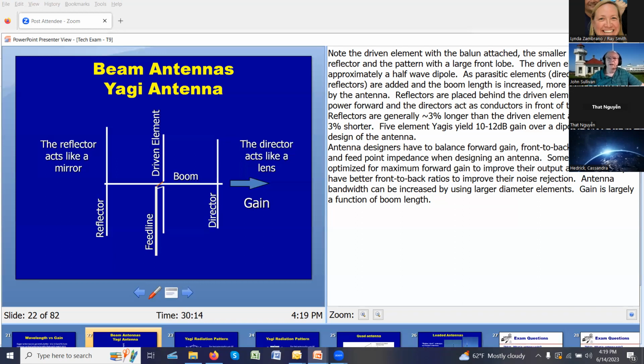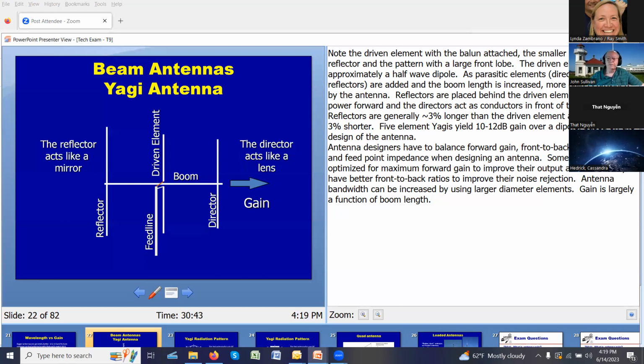This driven element is typically a half wave dipole. These other elements are referred to as parasitic elements because they do not have power going directly to them. They absorb and reflect or retransmit, if you will, the energy that strikes them that comes from the driven element.